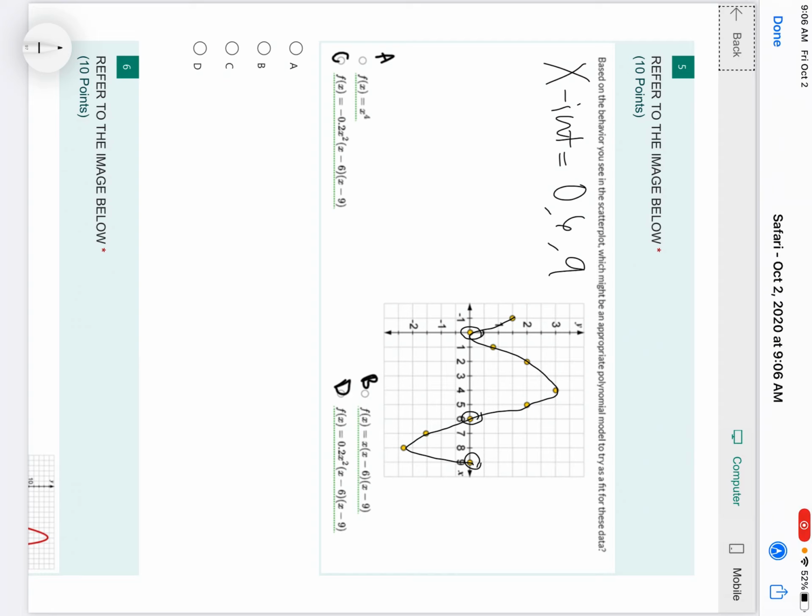It also has 3 max and min values. So remember, one more than that max or min count will give you my degree, which is also the total number of x's that your equation will have. Okay?